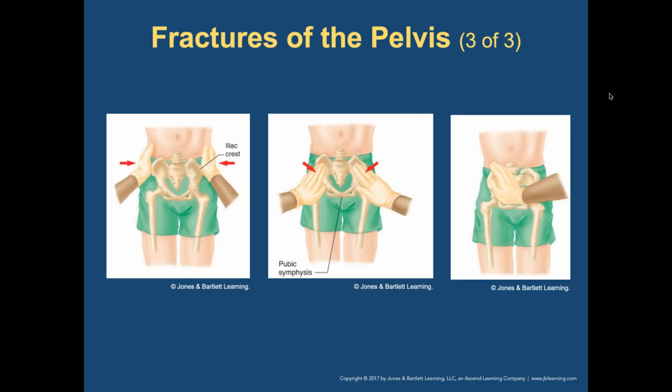Here are some pictures on how to assess the pelvis. Now, this one, don't do that. Just period. That is not how you do it. This you want to grab right there at the waistline and push inward. Sometimes you will be able to tell if they instantly say, ah, and start to feel better. You will also feel a grinding motion.